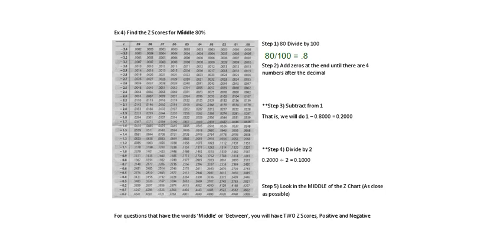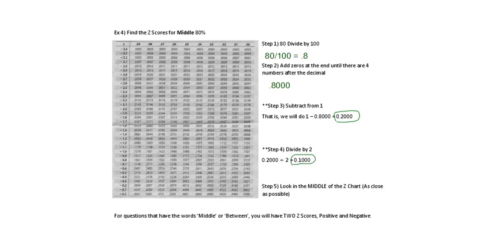Next, we're going to add as many zeros to make it 4 digits. So 0.8000. Then we're going to subtract from 1, and that's where we get 0.2000 from. But then, because it's middle, we also have to divide by 2. So 0.2000 divided by 2 is 0.1000.